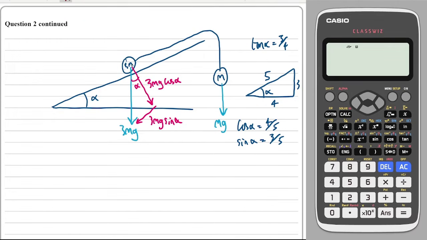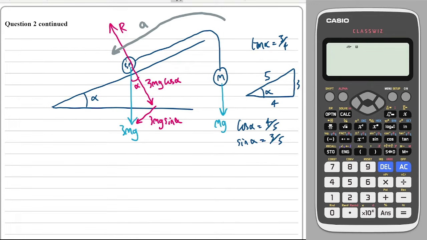Right, next force we need is the reaction force, which is always perpendicular to the floor or the slope or whatever. And we were told that this slope was rough, so therefore we're going to get some friction. We're also told that the object was going to be moving down the slope, so it's going to be accelerating in that direction.